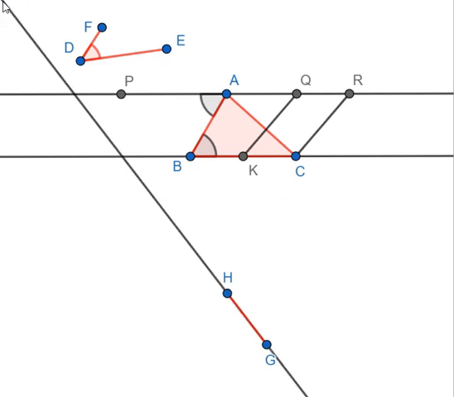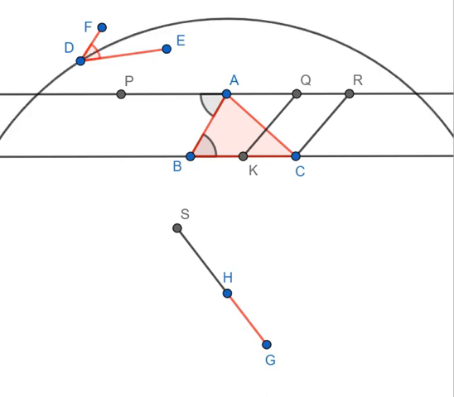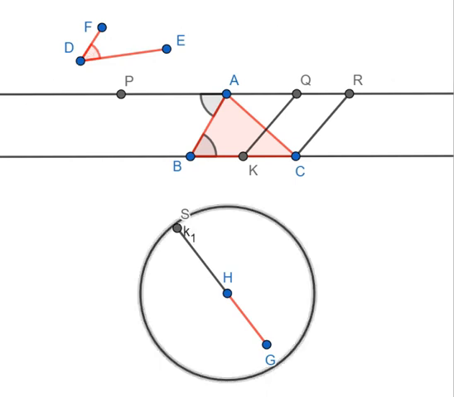Extend this line GH to form a line with center H. We draw a circle of radius CR. Now we copy this angle at H. We know how to do that. Circle with center at H and DE as the radius.